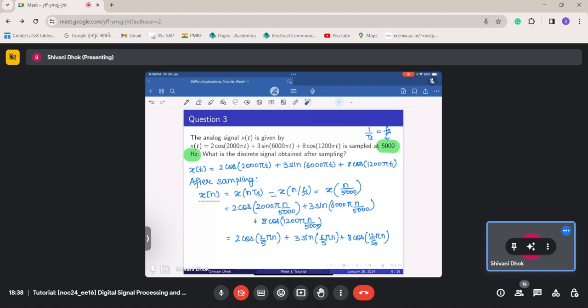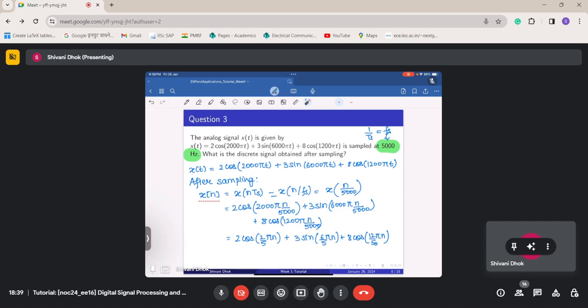So what I have are these samples x[n], which I have obtained by sampling this particular x(t) at a sampling frequency of 5000. Now I have done my processing. Now I need to reconstruct back x(t) from x[n]. Is it possible? Will I get this exact x(t)?